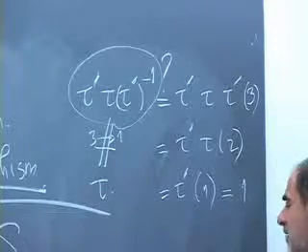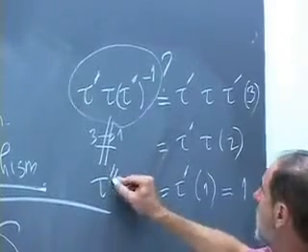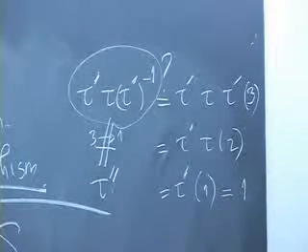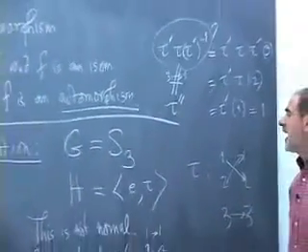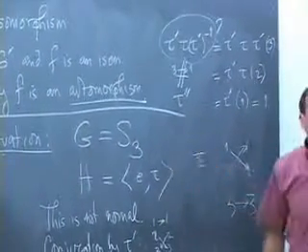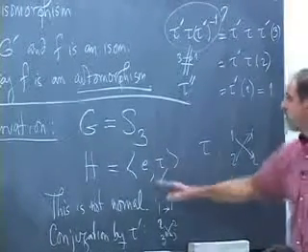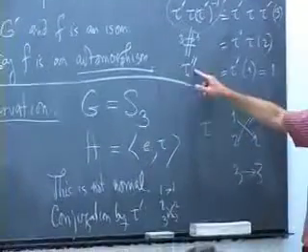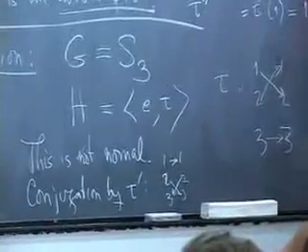In fact, it's the other transposition, equal to tau double prime. One can figure that out pretty easily. This has to be conjugated into a subgroup, and there are only 3 subgroups of order 2 in this group, generated by e and tau, generated by e and tau prime, and generated by e and tau double prime. And tau double prime is the unique one of these that takes 3 to 1.